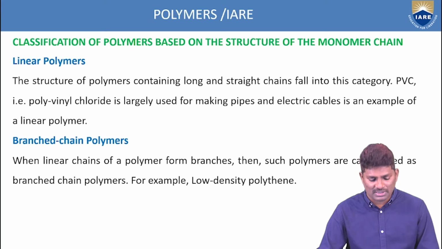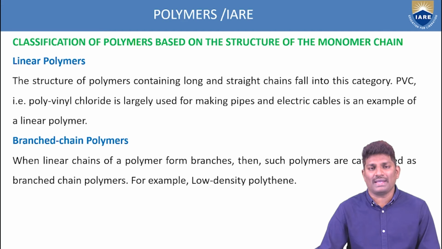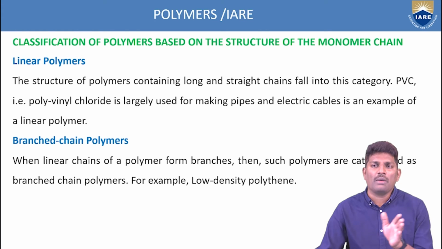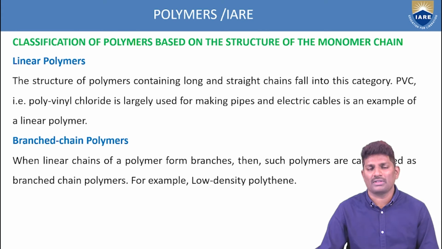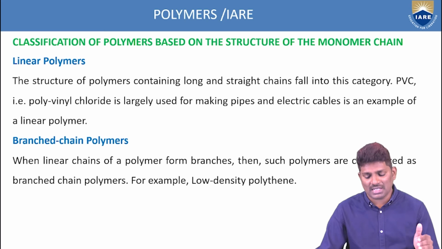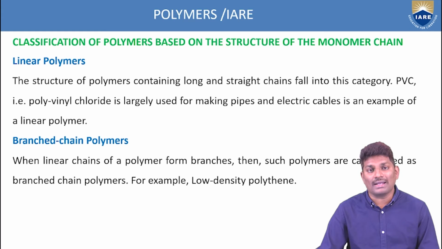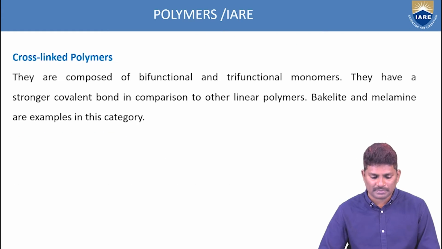For example, we can consider low density polyethylene. This is one of the examples of the branched chain. Whatever linear polymers are there, if they are trying to form into branches, then such polymers are categorized under branched chain polymers. So the best example is low density polyethylene.